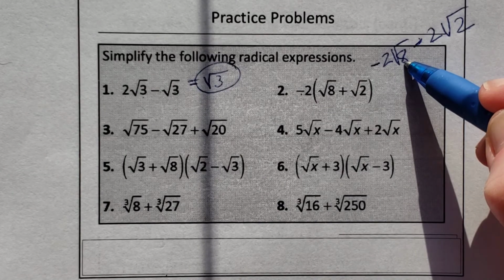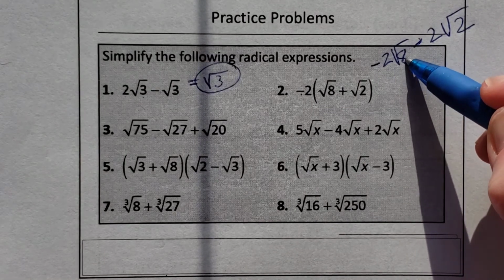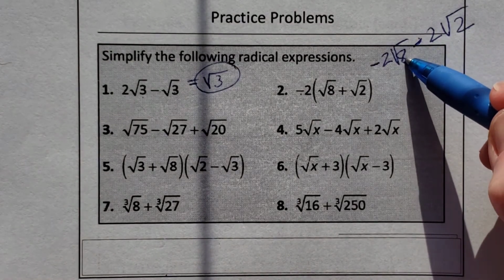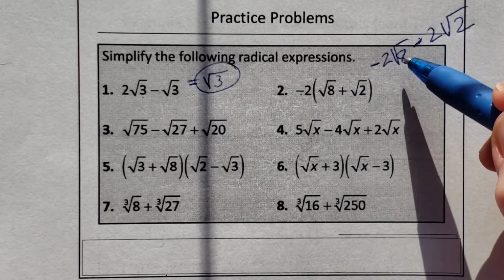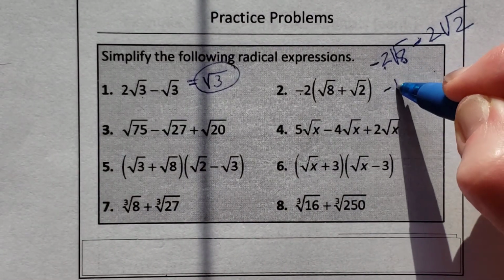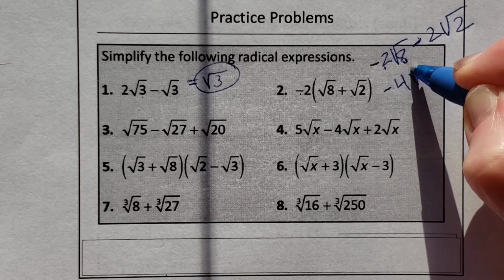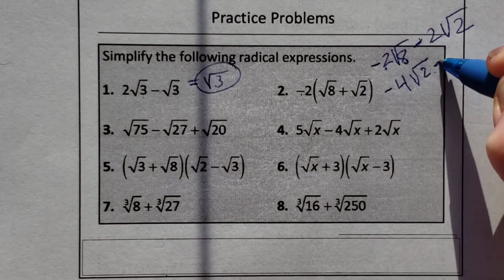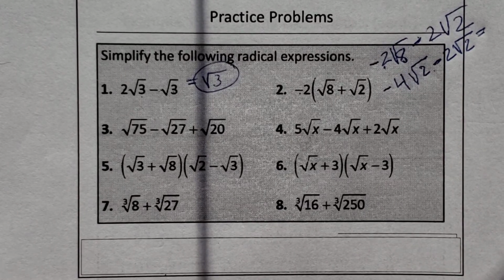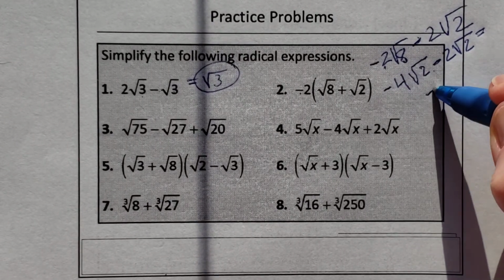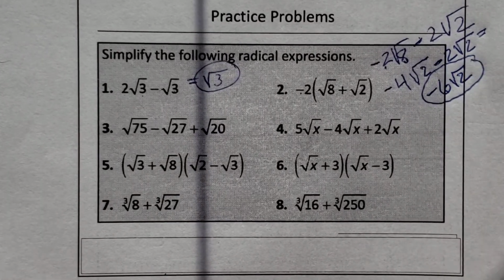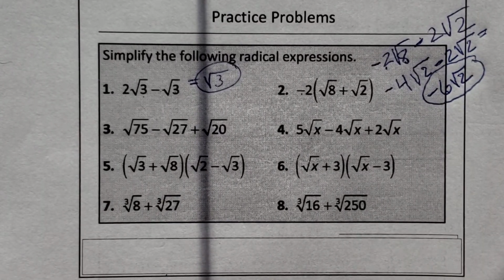So 8 is the same thing as 4 times 2. 4 is a perfect square. Square root of 4 is 2, so we would wring out a 2. So 2 times negative 2 is negative 4 square roots of 2 minus 2 square roots of 2. Those are now like terms, so our final answer is negative 6 square roots of 2.